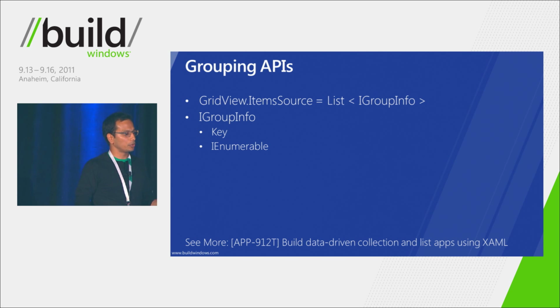So in XAML, to do that, you have to provide a list of iGroupInfo objects. And iGroupInfo is a new interface in XAML, and this provides a key property on it, and it is an enumerable. So hand wave. If you want more details for this, please go to Lawrence's session. I believe it's tomorrow on data.